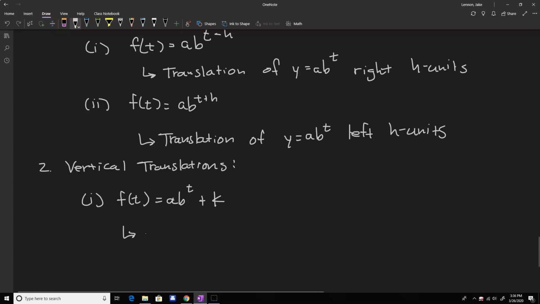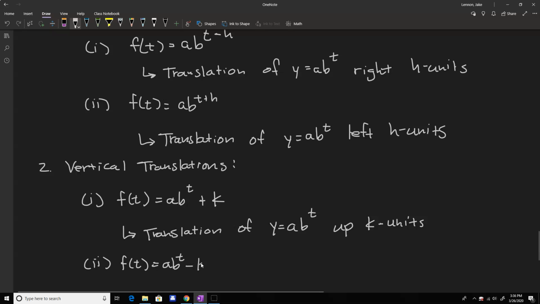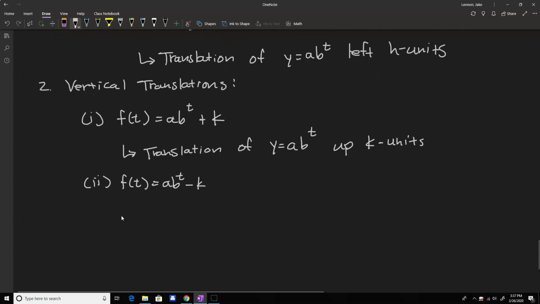This is a translation of y equals ab to the t up k units. And if instead you change it to subtraction, so 2, f of t equals ab to the t minus k, this is a translation of y equals ab to the t down k units.